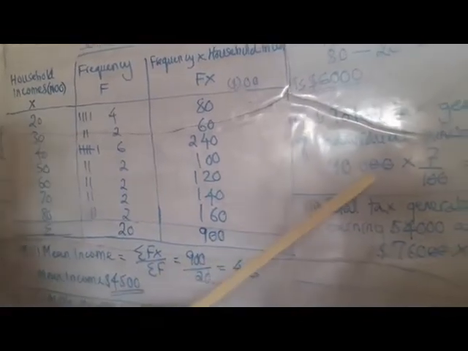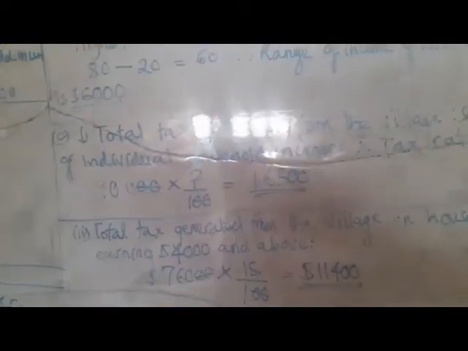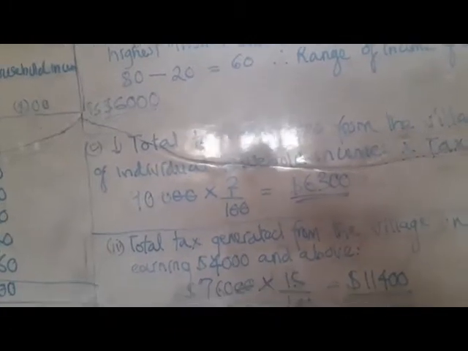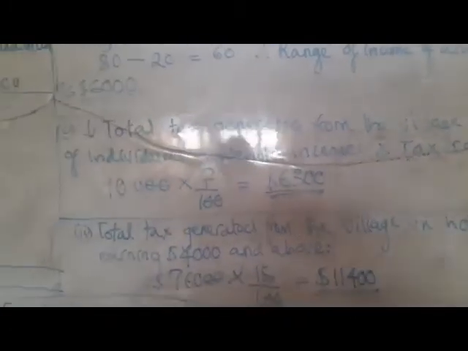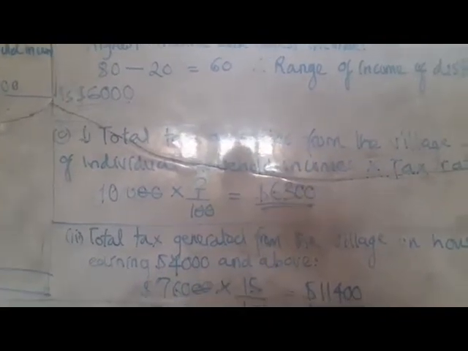You add your two zeros to make it 90,000, times the tax rate given to you. Look at it, a flat tax rate of 7%. So 7 over 100. Two zeros cancel two zeros. You are left with 900 times 7, which is 6,300. So the total tax generated from this village when you have 7% imposed on the individual household income is $6,300.